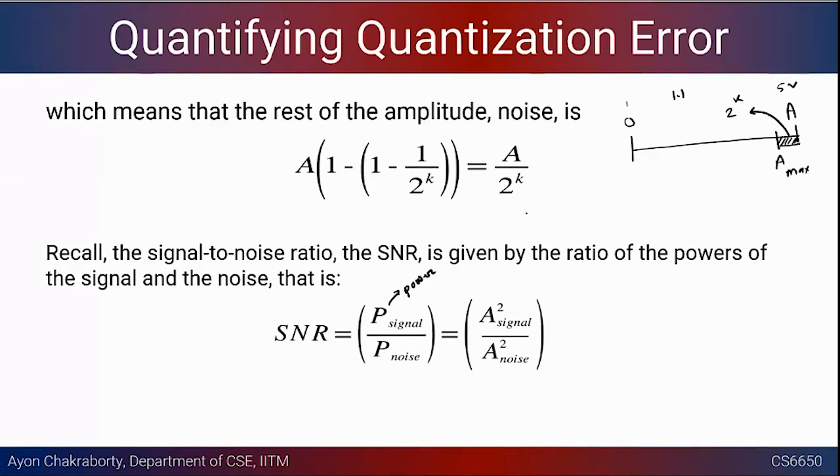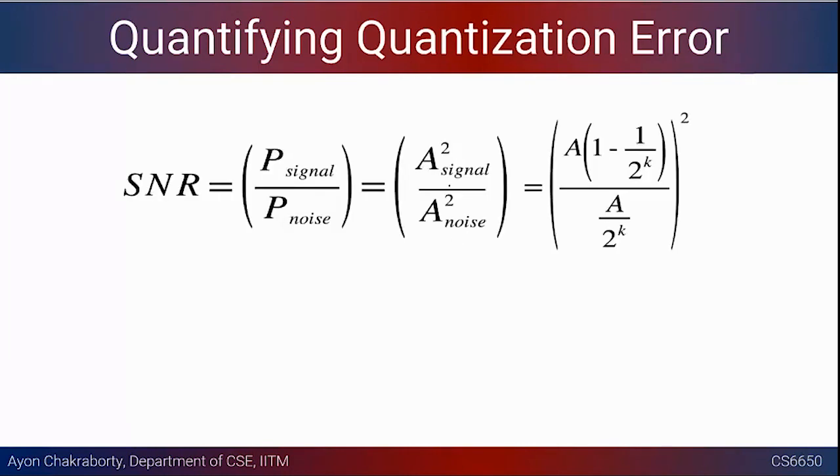And now we'll do some simple algebra. We'll just substitute these values of A signal and A noise, and let's see what it becomes. So we are substituting the value of A signal, which is A into 1 minus 1 by 2 to the power k, the sum of the geometric terms we added up, and in the denominator we have A by 2 to the power k, which is the remainder.